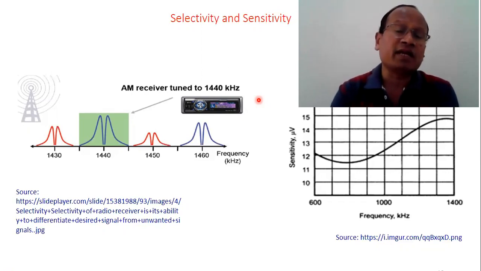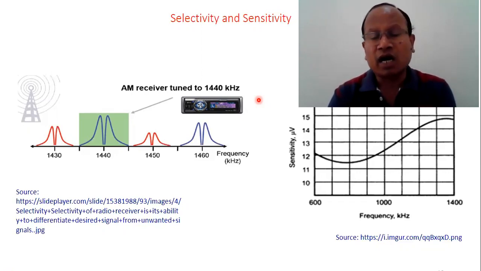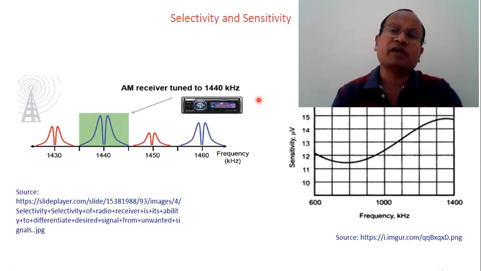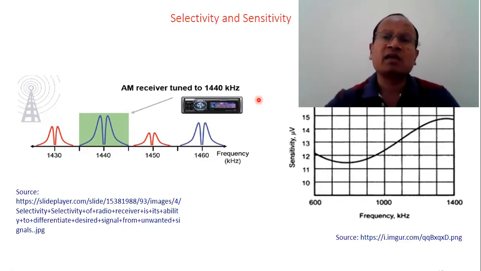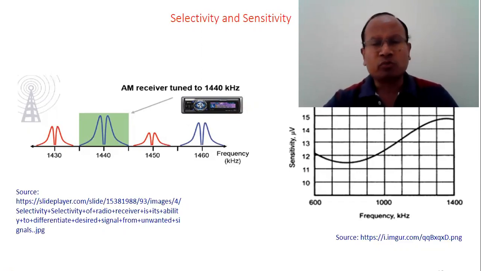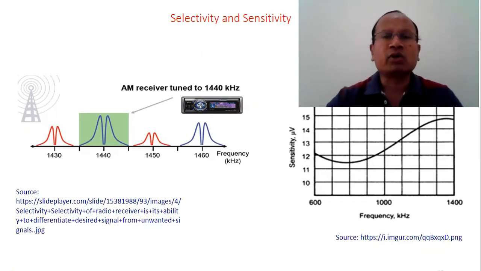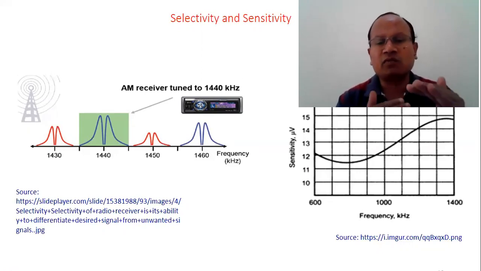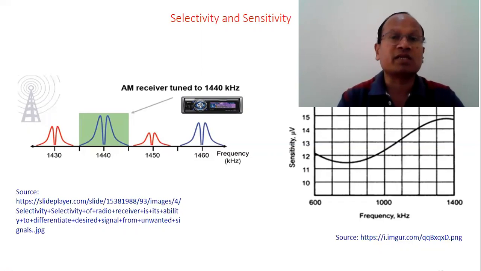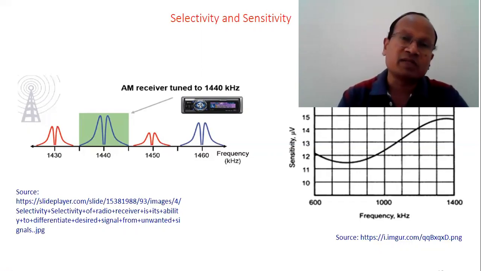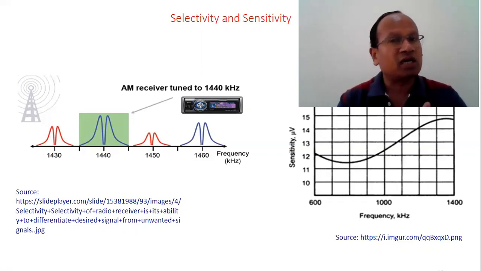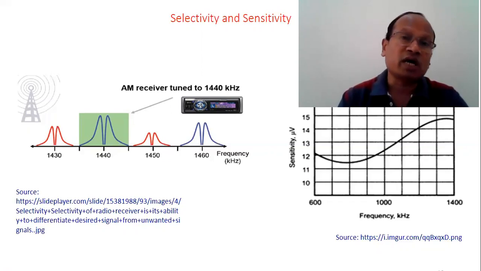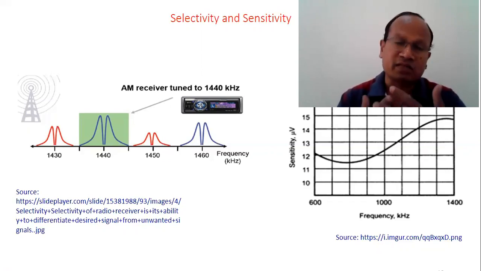But that is an ordinary simple AM receiver. In all modern receivers, we generally use the superheterodyne receiver, where heterodyne is a term used for mixing. So the frequency is mixed with a locally generated oscillator frequency, and we generate the IF frequency. That is done sometimes more than once or twice in order to improve selectivity.